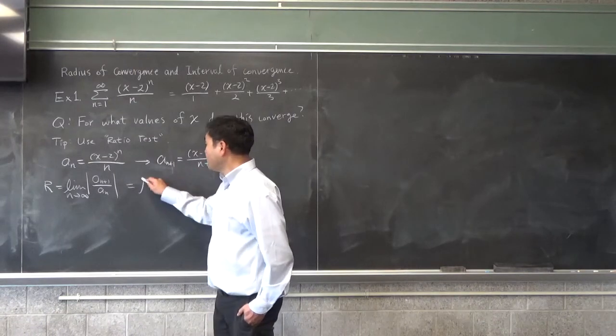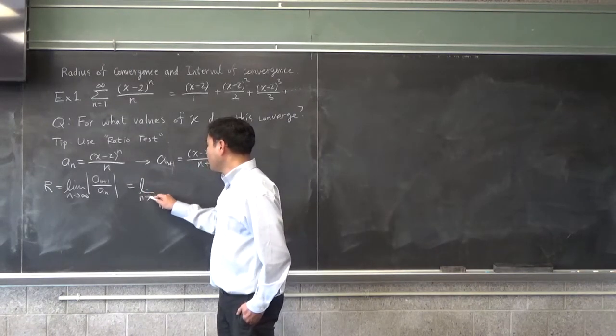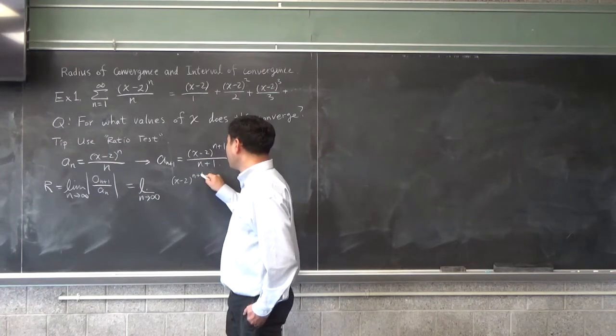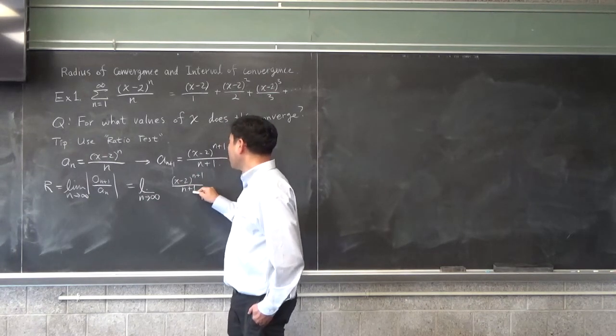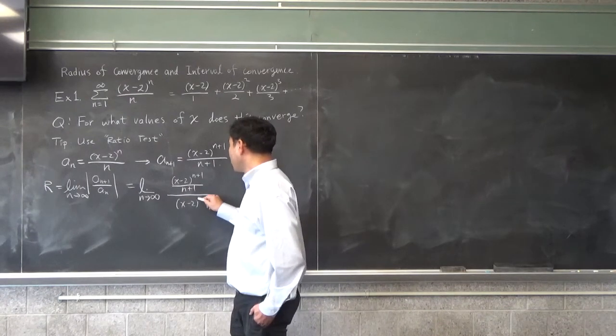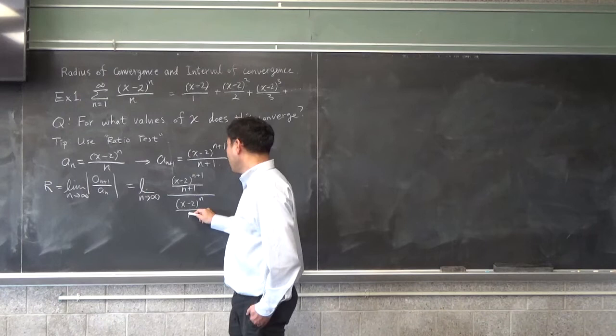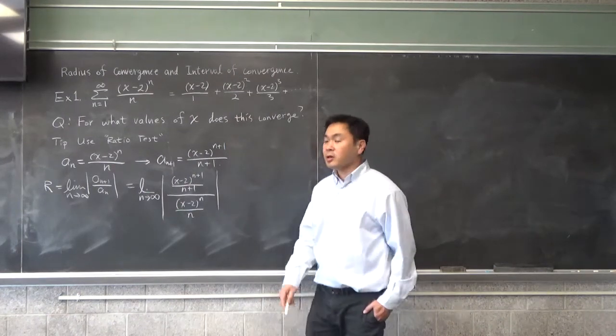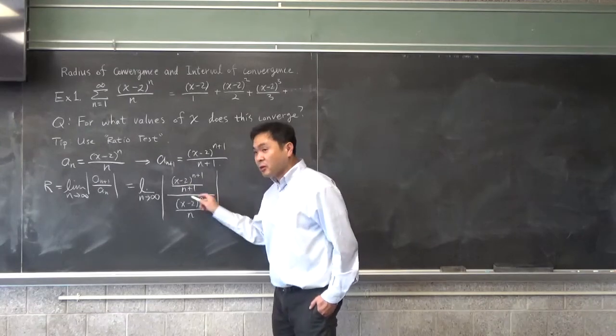Plug these in. Let's see, the limit as n goes to infinity of x minus 2 to the n plus 1 over n plus 1, over x minus 2 to the nth power over n, absolute value. And you're dividing a fraction by a fraction, so what do you do?